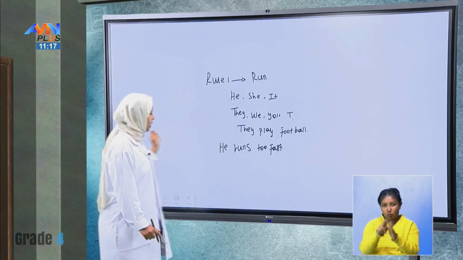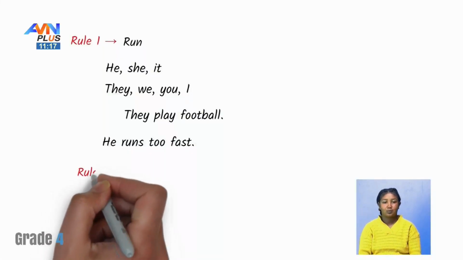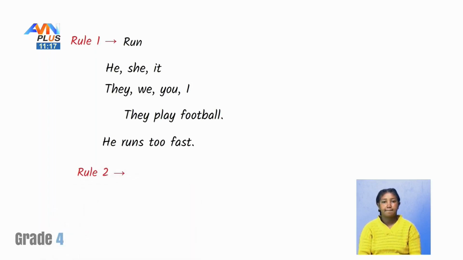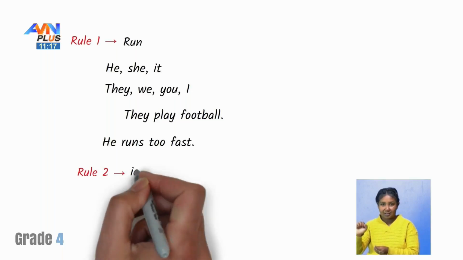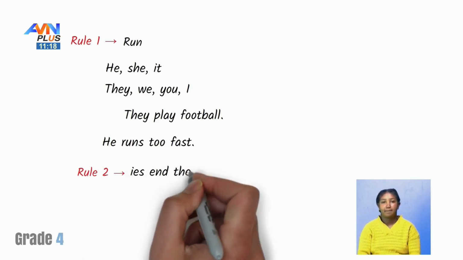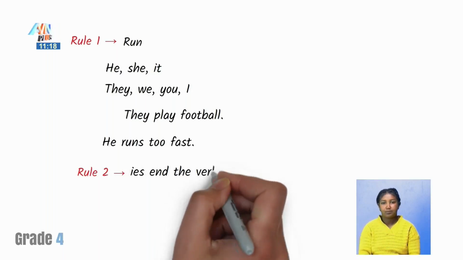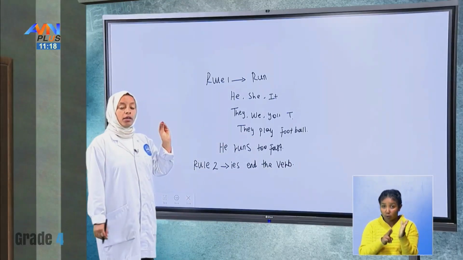Let us continue. The next one is rule number 2. We add I, E, S at the end of the verb. This rule also works for what?